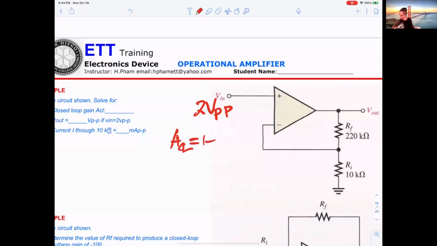ACL is 1 plus RF over R. Yes, 23. If you want V out, take V in times ACL. Is it 46? 46. Yes, sir.